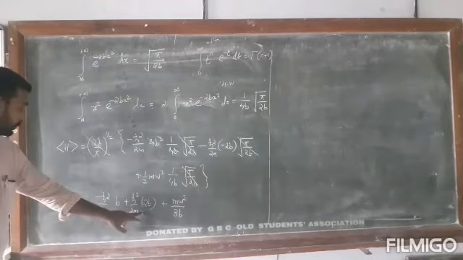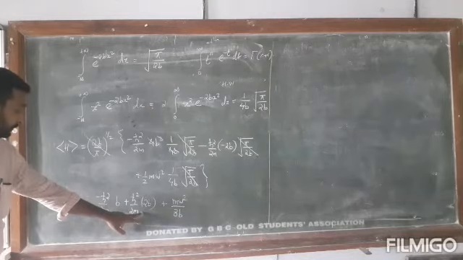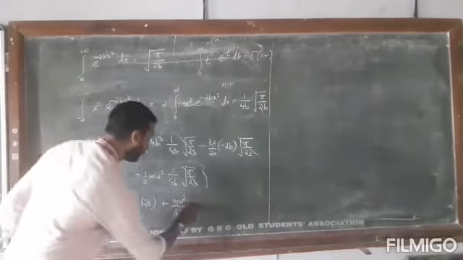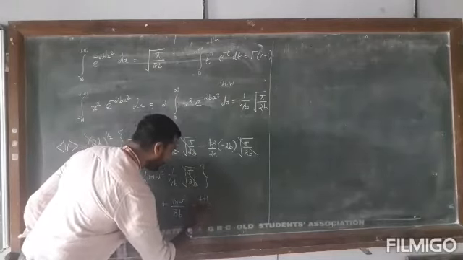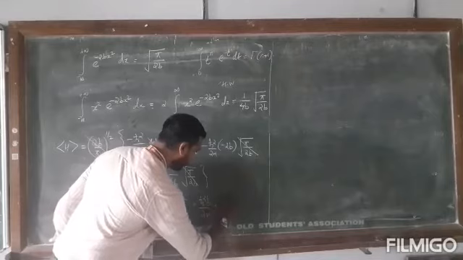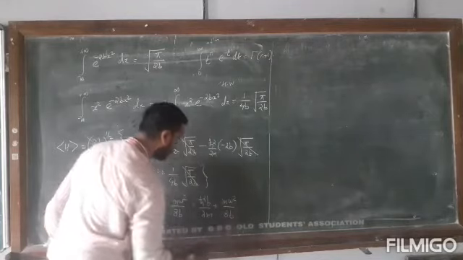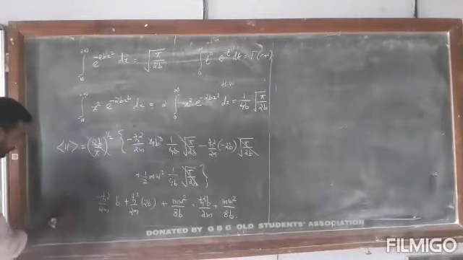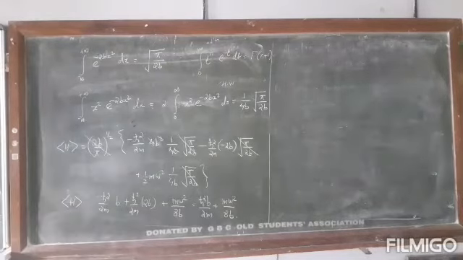If you add these two, you will get plus ħ²/2m times b. So this would give ħ²b/2m plus mω²/8b. This would be your expectation value of the Hamiltonian.